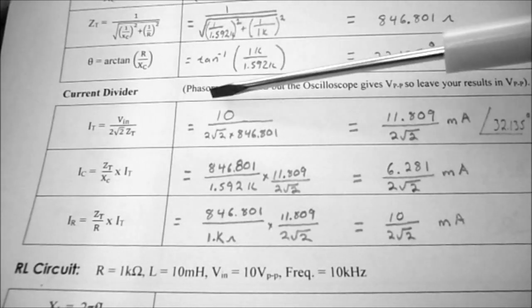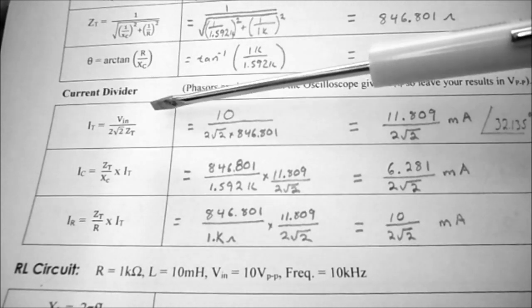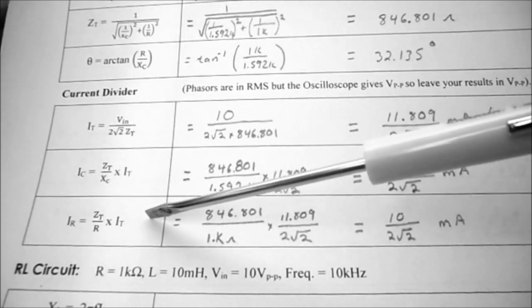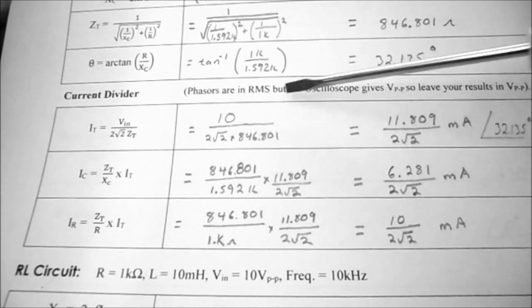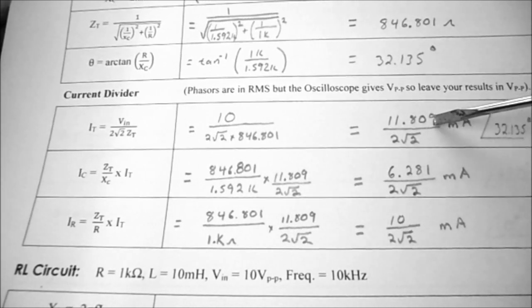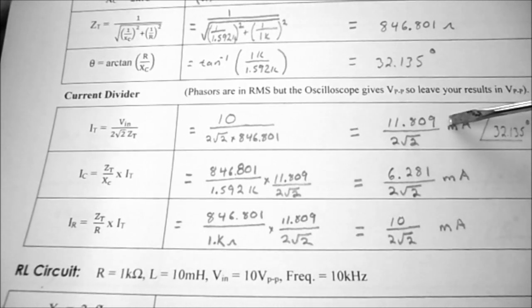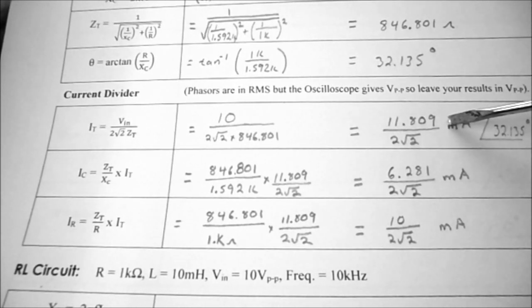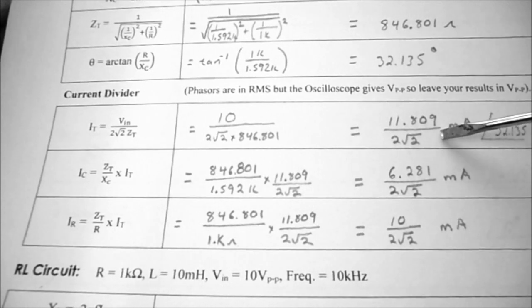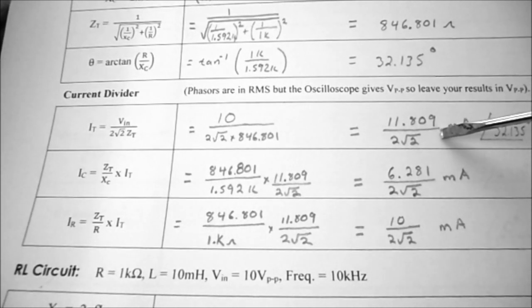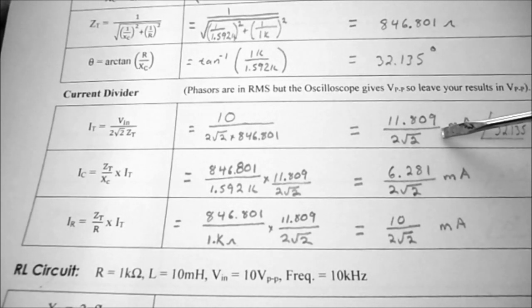Looking at my current divider calculations, I've used the supplied formulas, and for IT, I'm looking for somewhere around 11.8 milliamps peak to peak. Now remember, I'm going to divide this by 10 when I measure it on the oscilloscope, so on the oscilloscope it should be around 118 millivolts.